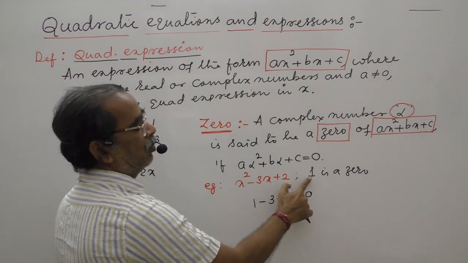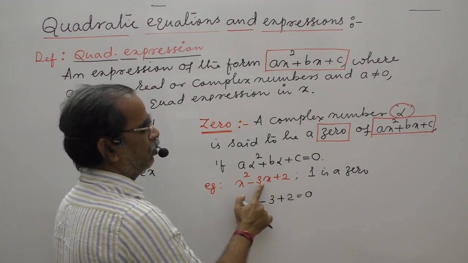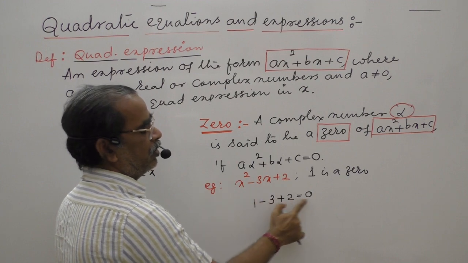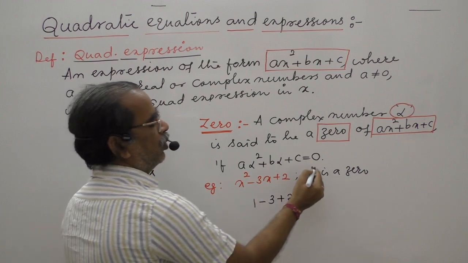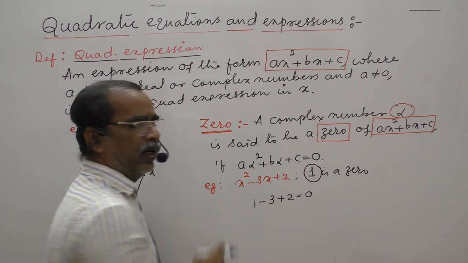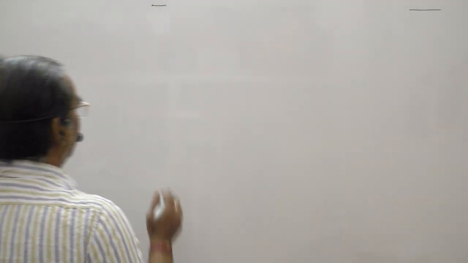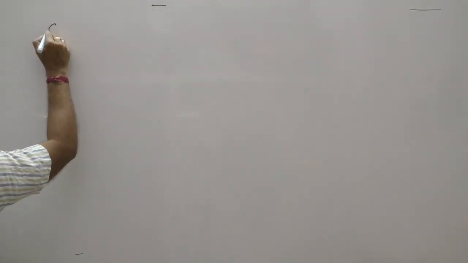That is, this number is satisfying a alpha square plus b alpha plus c equal to 0. Therefore, here 1 is called a zero of this quadratic expression. Yes. After quadratic expression, now we will see quadratic equation.